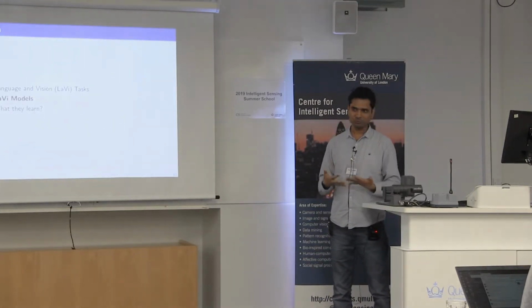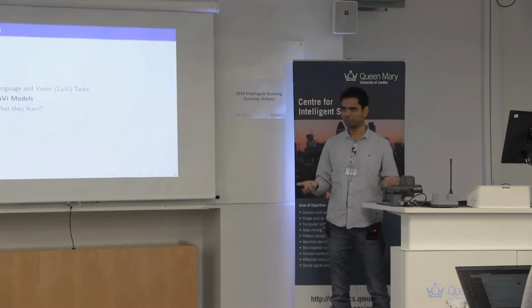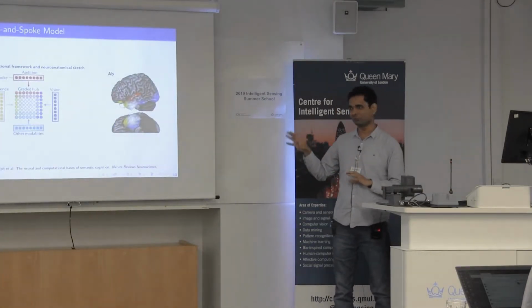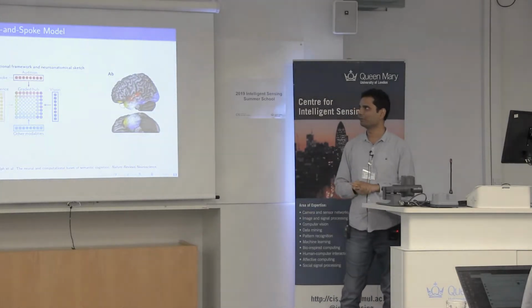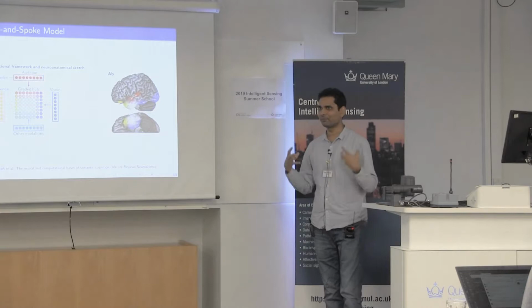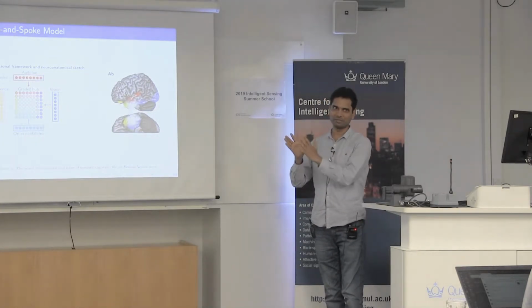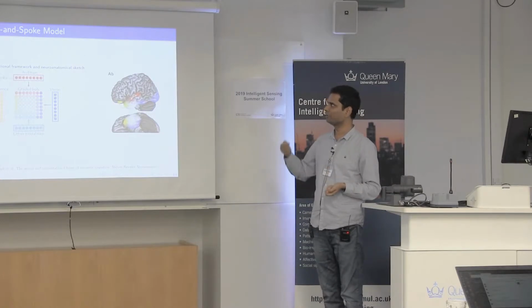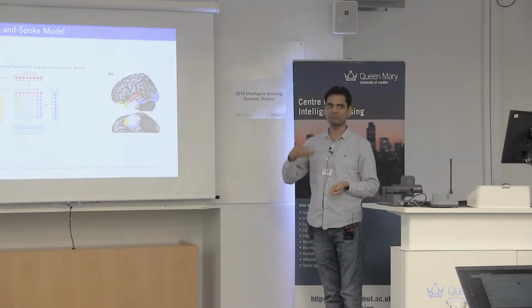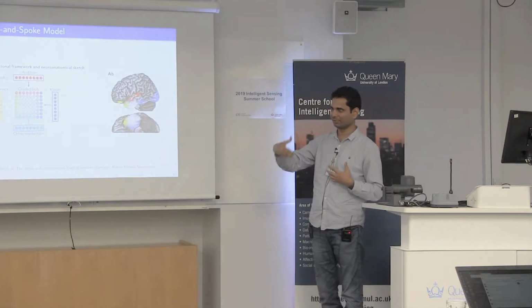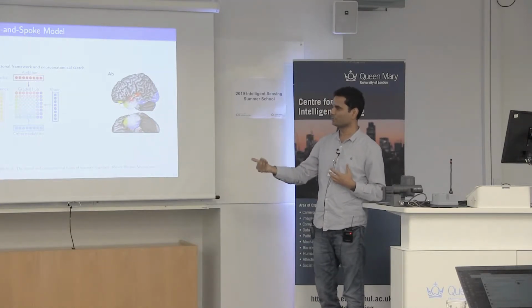Most of the models which have been proposed in the literature are loosely based on the cognitive science hub and spoke model. Basically, the hub and spoke model says that whatever sensory information you have, be it language, vision, or audio, you get a representation of that in your brain through a spoke.